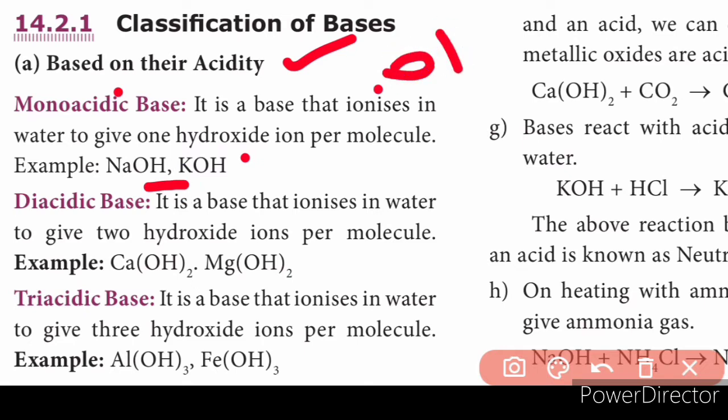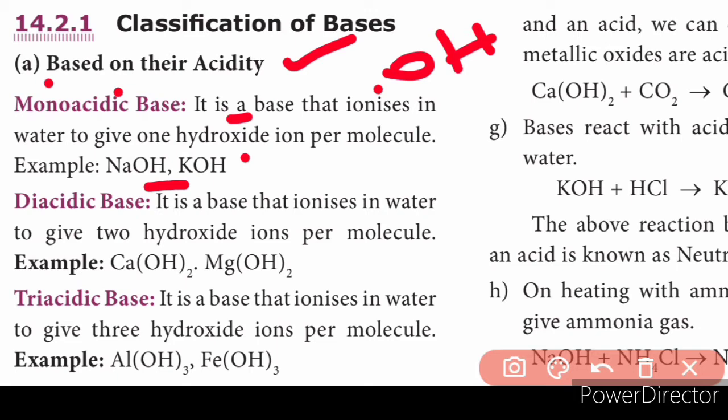In KOH, potassium hydroxide, if it has only one replaceable hydroxide ion, not hydrogen ion, it is called a monoacidic base.